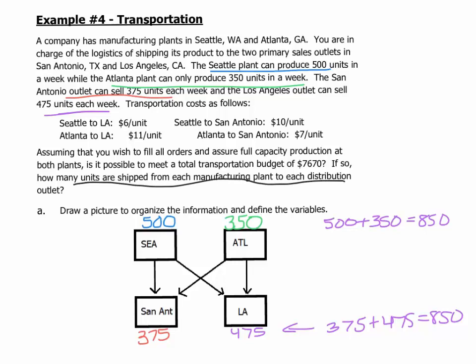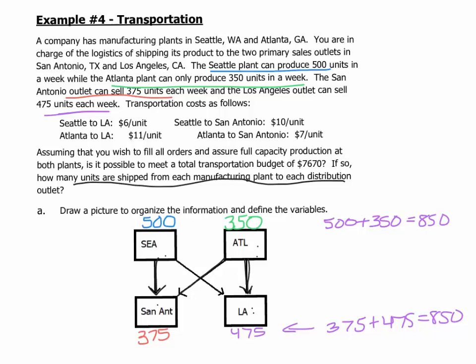So that's what we're trying to figure out. We're trying to figure out how many units go from Seattle to San Antonio, Seattle to LA, Atlanta to San Antonio, and Atlanta to LA. So we're basically trying to figure out how many are in these little arrows here.